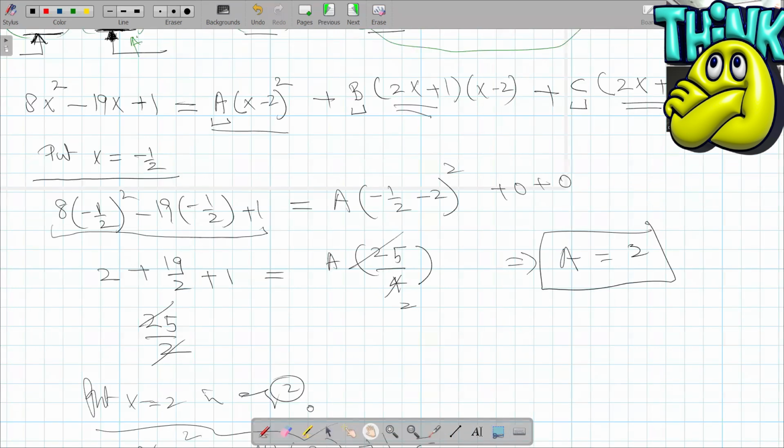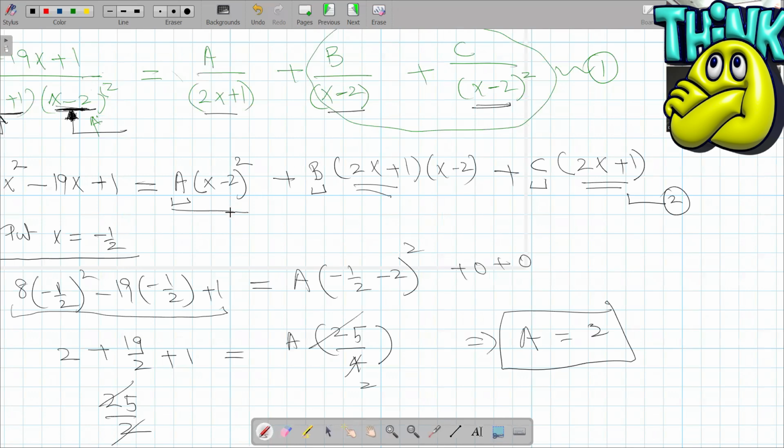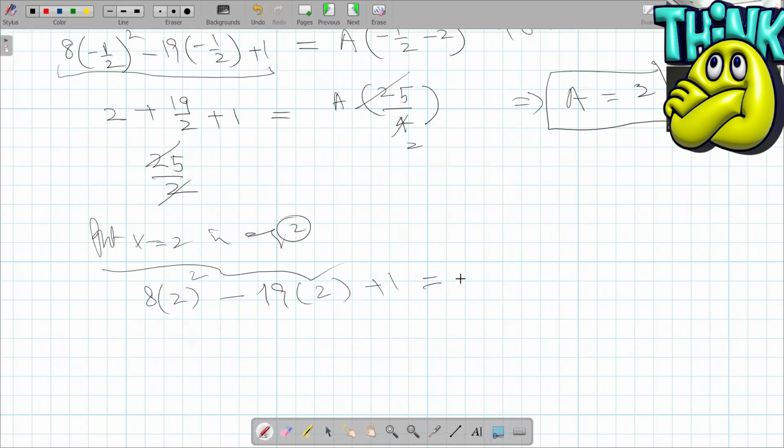And from the right hand side, which term will retain? Only this third term, because the first term will be 0, the second term will be 0, and c times 2x plus 1 will retain.